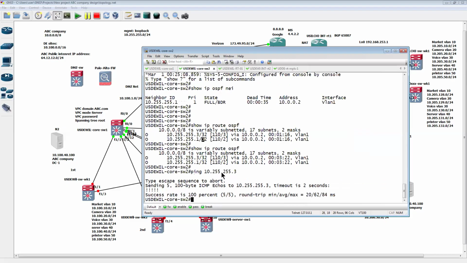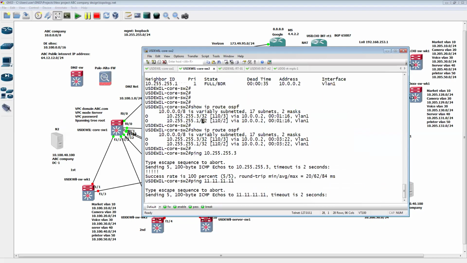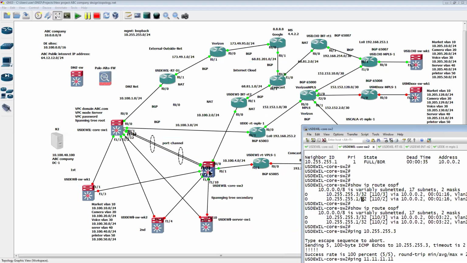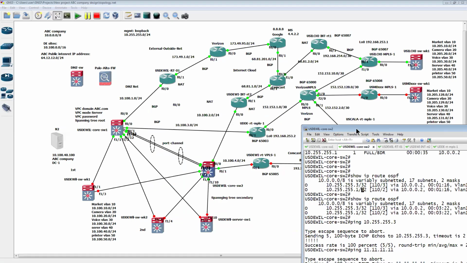Now on core switch 2, of course, because that network is not advertised yet into our backbone, in this case we cannot ping that 11.11.11.11. No way. You see? Because on core switch 2, you want to ping that one that we just created, but we did not advertise it, because this is crossing the network path, right?